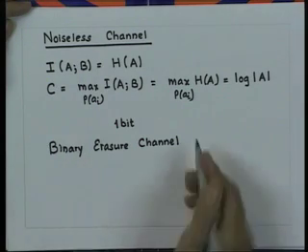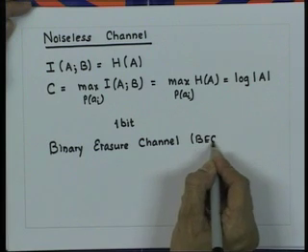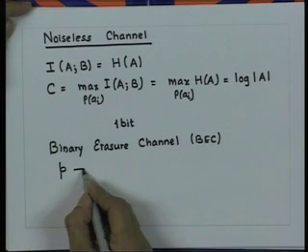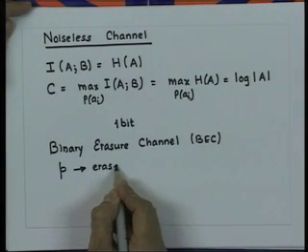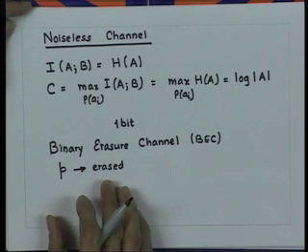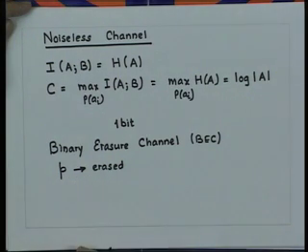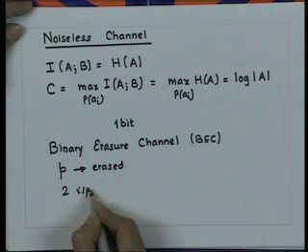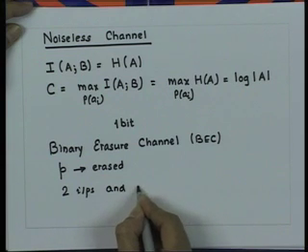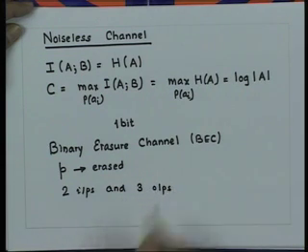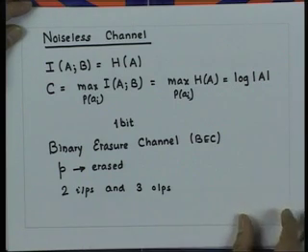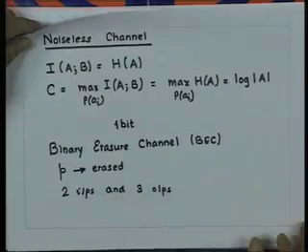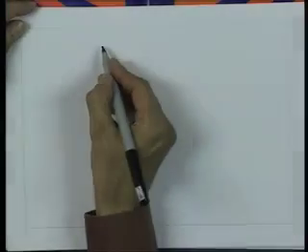In the binary erasure channel, that is BEC, a fraction p of the bits are erased. The receiver knows which bits have been erased. The BEC has two inputs and three outputs. The channel diagram for the binary erasure channel is as follows.